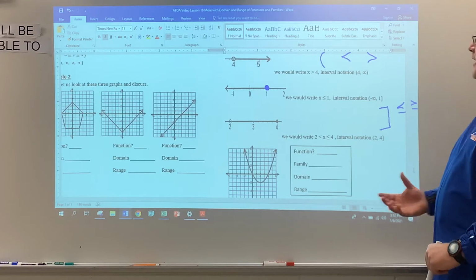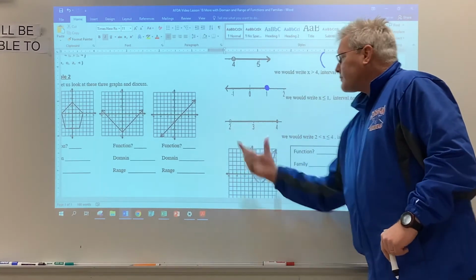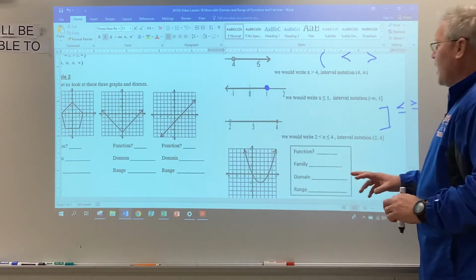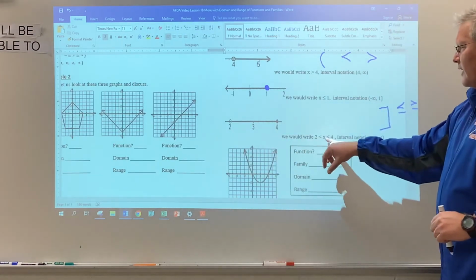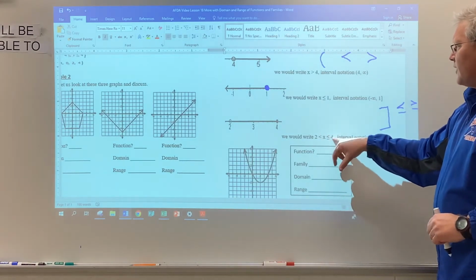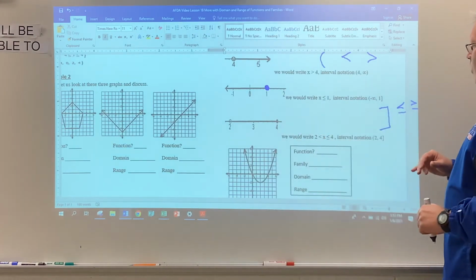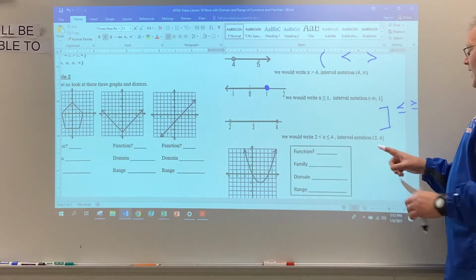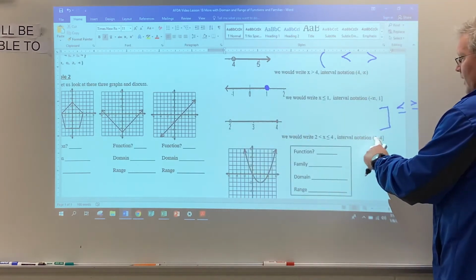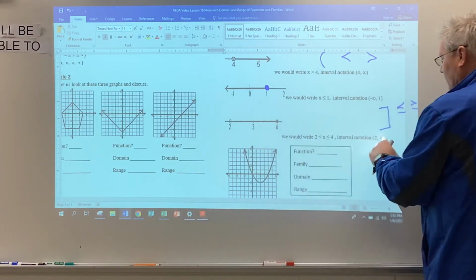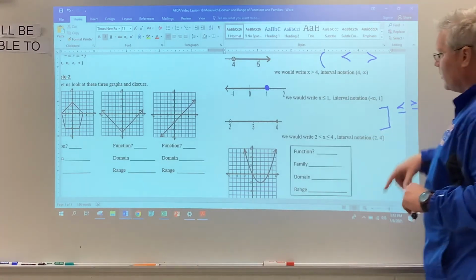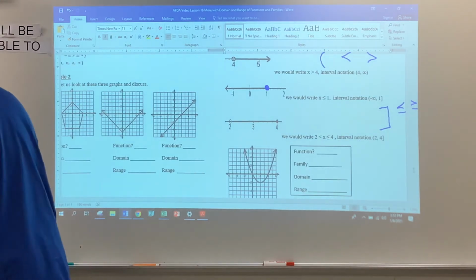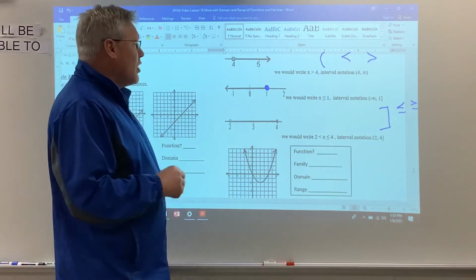Now, if you have values that are between some numbers, we would have represented that as x is greater than 2 but less than or equal to 4, solid dot, that's why we have that inequality. But the interval notation shrinks that way down and says, open dot at the 2, and ending with a closed dot at the 4, including that. So sometimes you see that notation as you're working with domain and range.